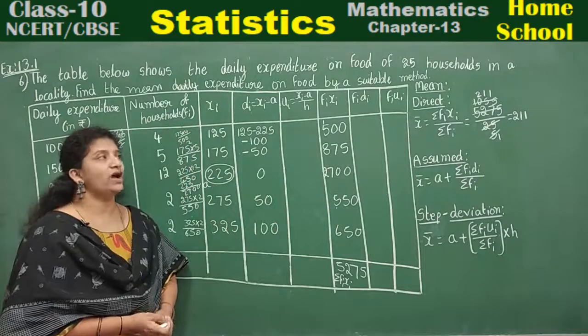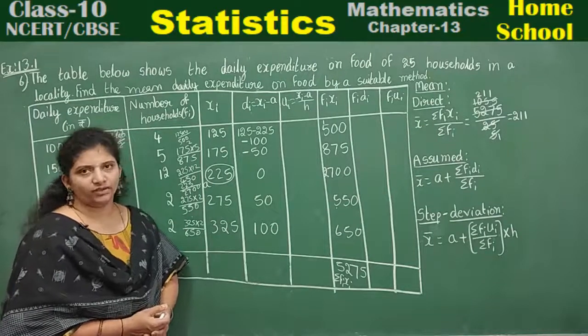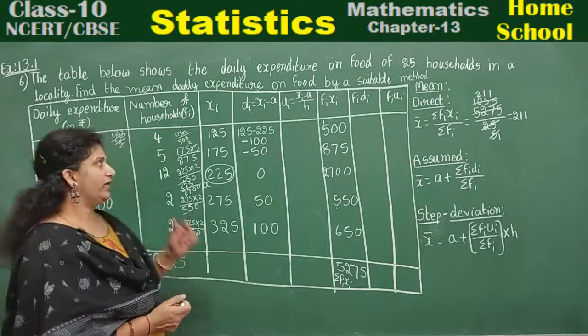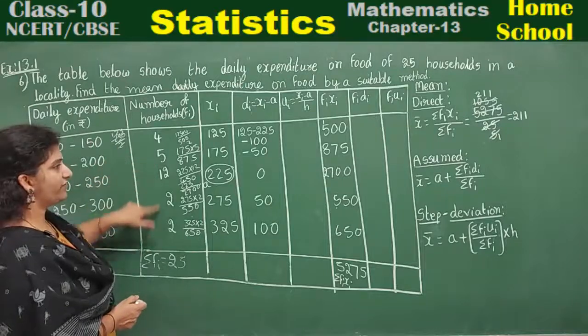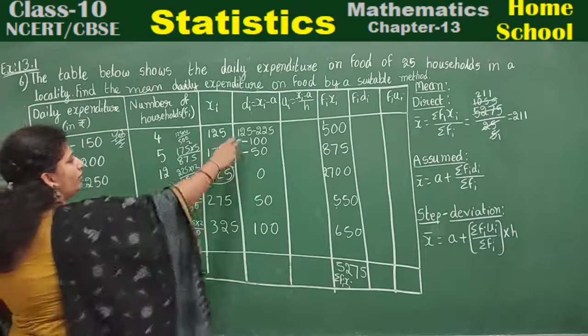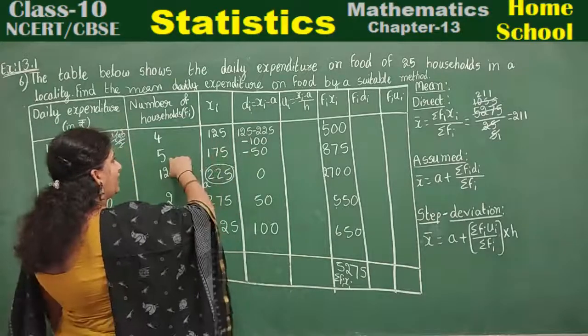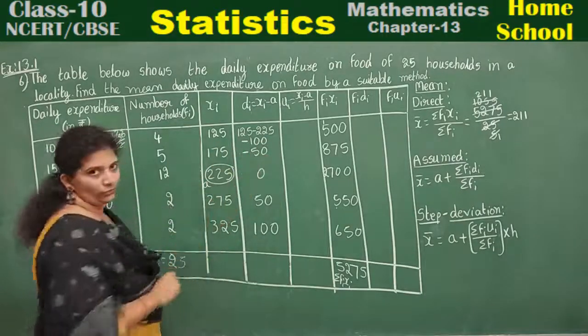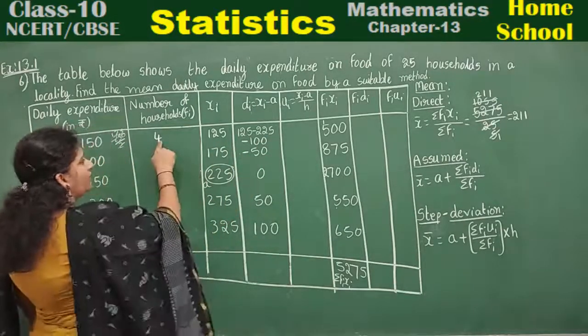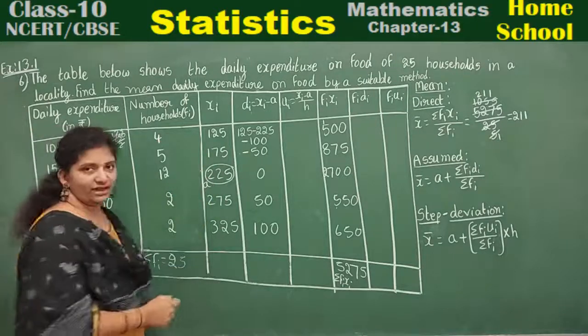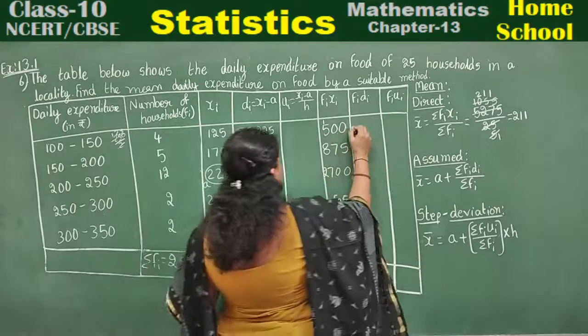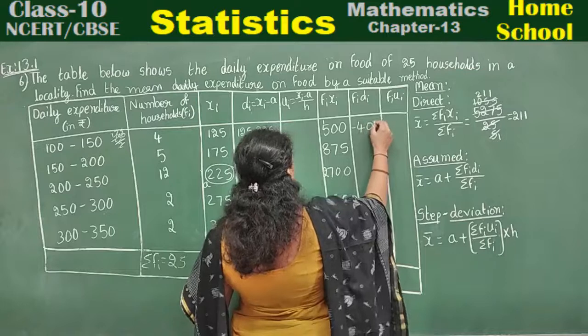You need to find the Fi Di column. What are we going to do? This is the frequency into Di. You need to multiply. Now multiply 4 into minus 100, minus 400.